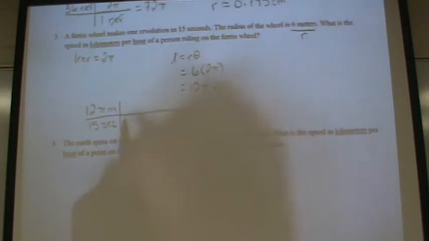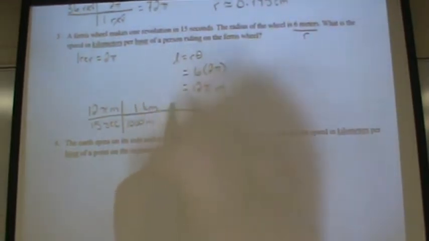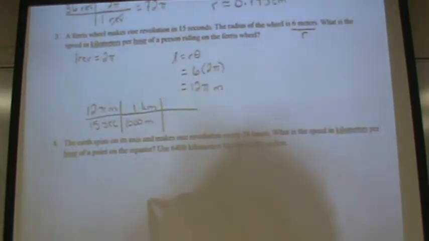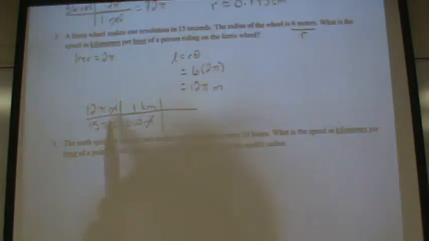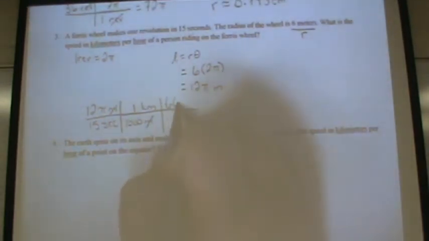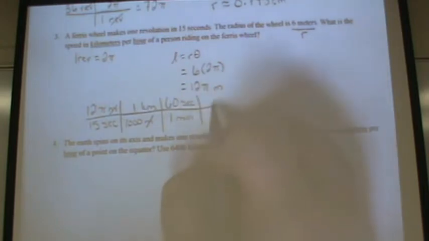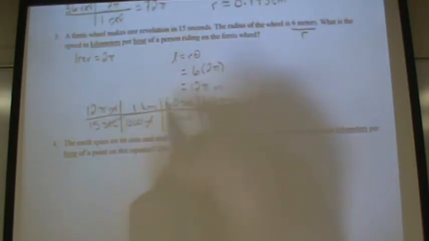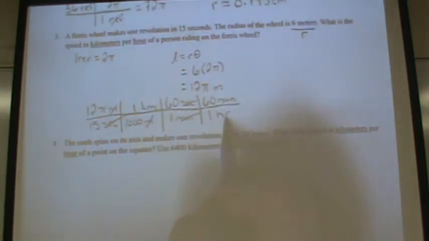There are 1,000 meters in 1 kilometer, so our meters cancel, and now we're left with kilometers. And there are 60 seconds in 1 minute, but we have to go to hours, so for every 60 minutes, there's 1 hour. So our seconds cancel, and then the minutes cancel, and we're left with kilometers over hours.